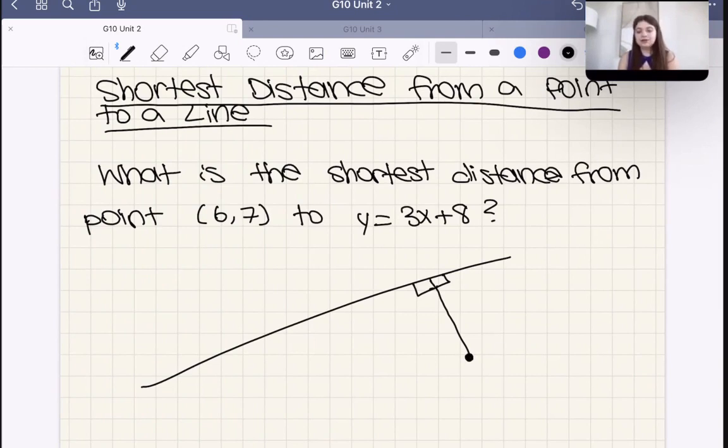So that's a clue right there as to one of the things we might have to do to figure this out. We need to take the point and find out where it intersects with the line, the shortest distance, where it intersects perpendicularly with the line.